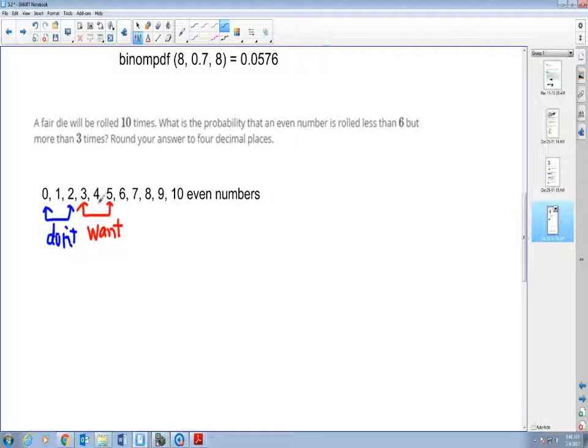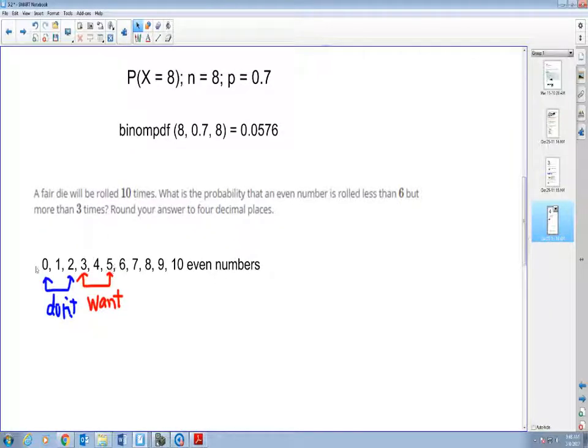But you can only go up to 5, because from 0 to 5 will include what you want and what you don't want. So you don't need the 6 all the way to 10.